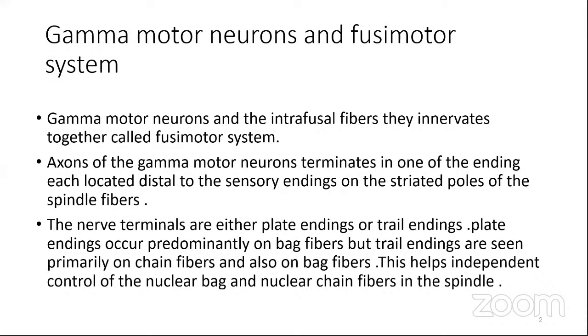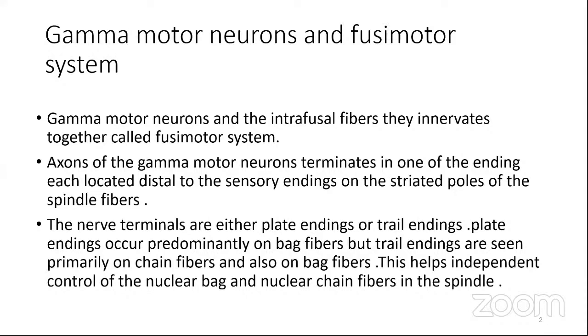The nerve terminals are either plate endings or trail endings. Plate endings occur predominantly on bag fibers, but trail endings are seen primarily on chain fibers and also on bag fibers.